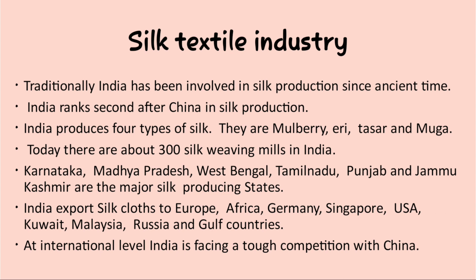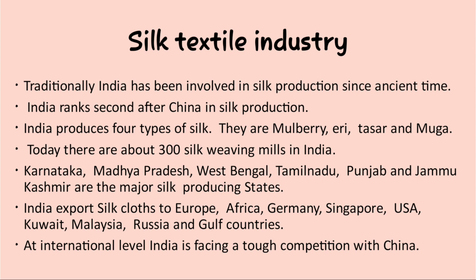Next is silk textile industry. Traditionally, India has been involved in silk production since ancient time. You know that before the time of Britishers also, Indian silk industry was world famous. India was famous for spices, silk, muslin, etc. So traditionally from very beginning we were having a good production in silk industry.